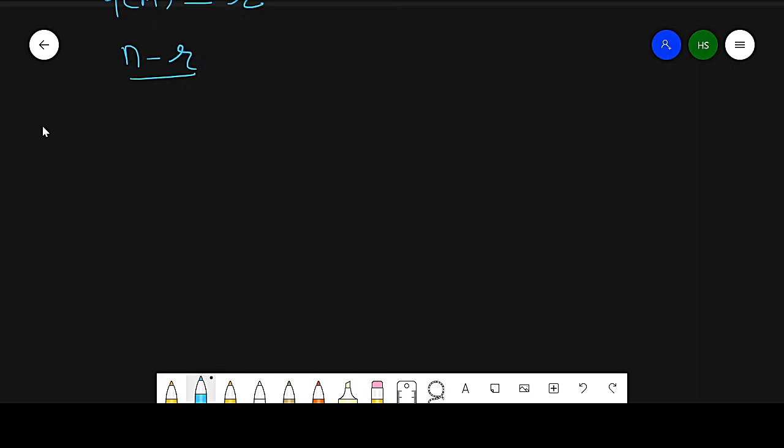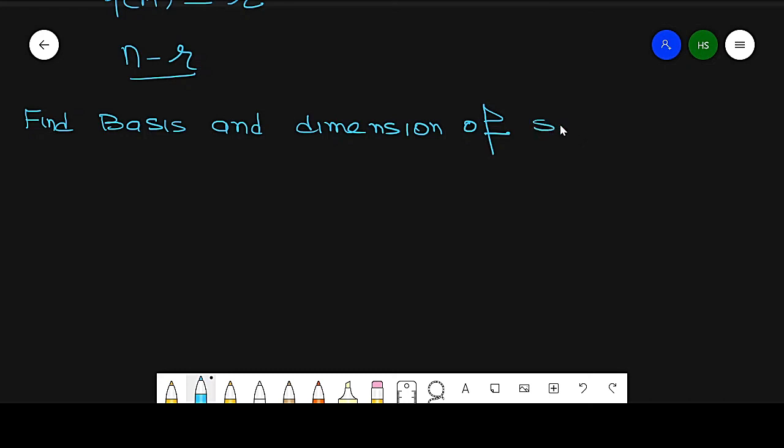So for practice, do these two questions: find the basis and dimension of the solution space of the following equations.